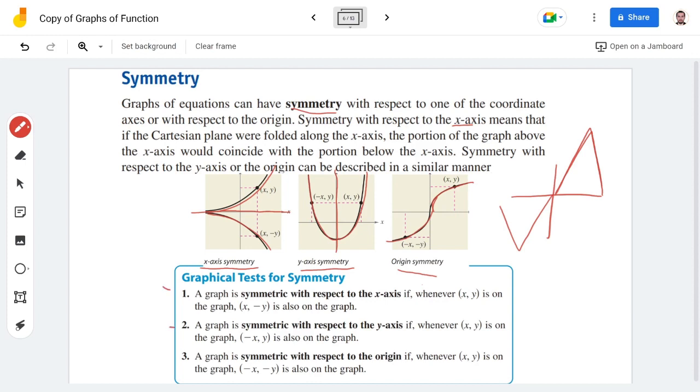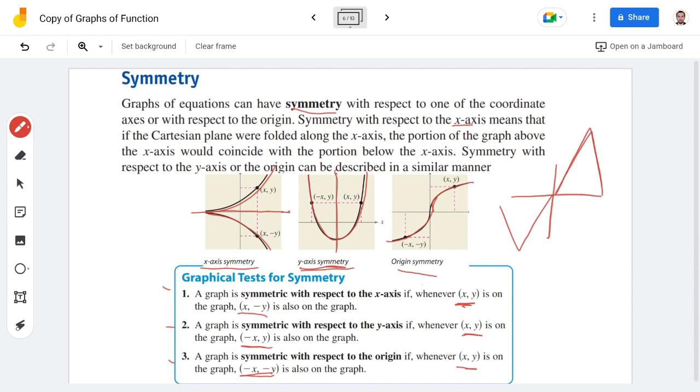Now, graphically, if we read all of these, how can we find them? In the first one, the x-axis, we have the coordinate (x, y), so it will be (x, -y). When we are talking about the y-axis symmetry, the x will be negative: (-x, y). When we talk about the origin, x and y both have negative signs.